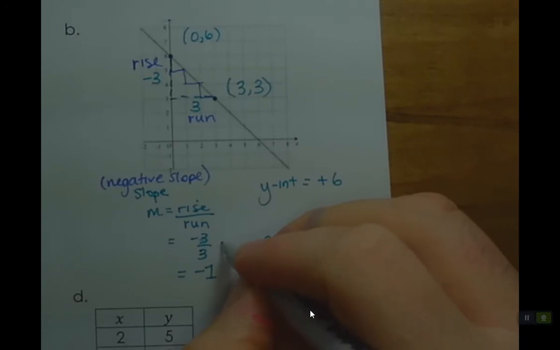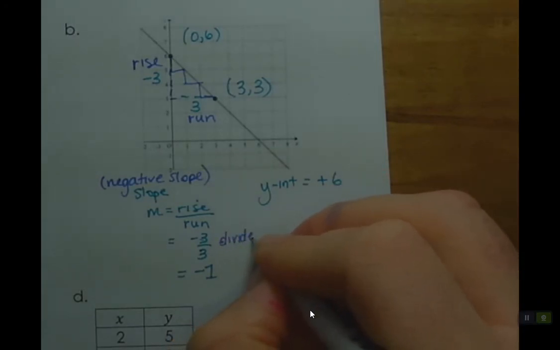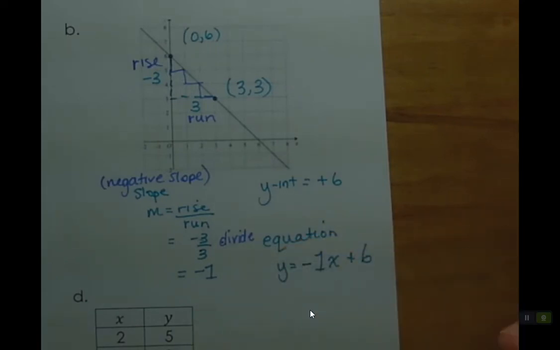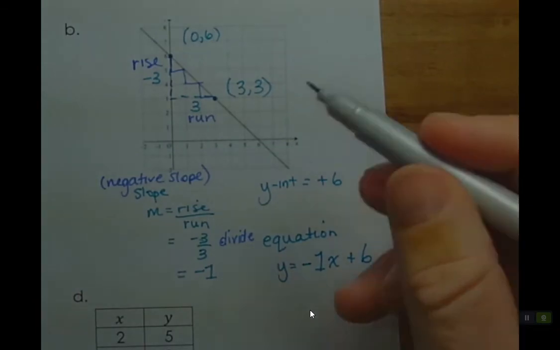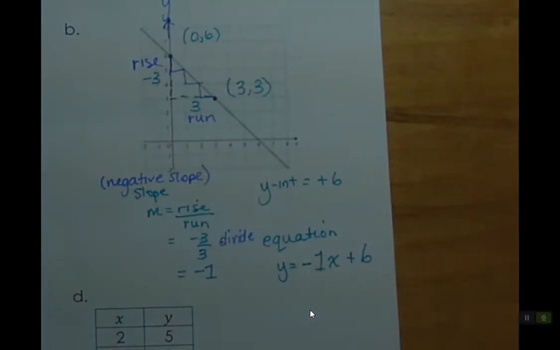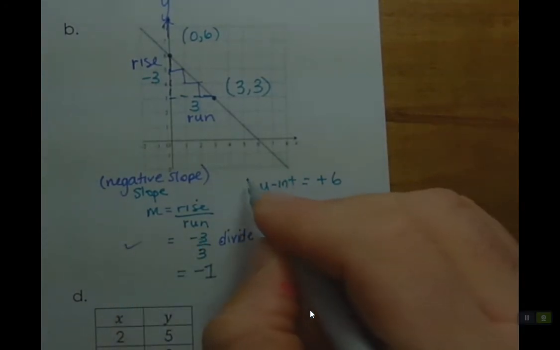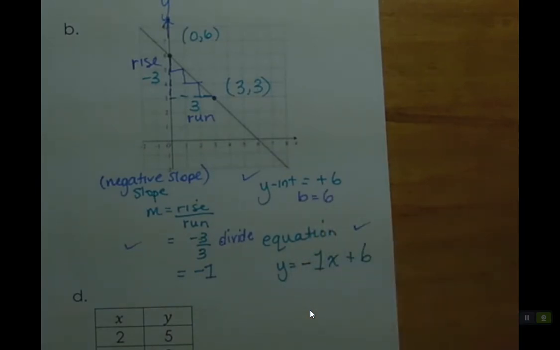So here I could divide this out, but make sure you leave it as negative. And my y-intercept is 6 because it hits the y-axis here. Okay, and then I got my equation. So find your slope, find your y-intercept, give it a go.